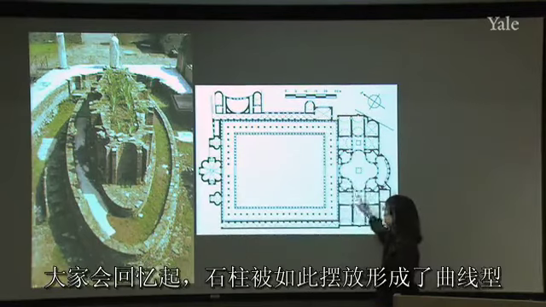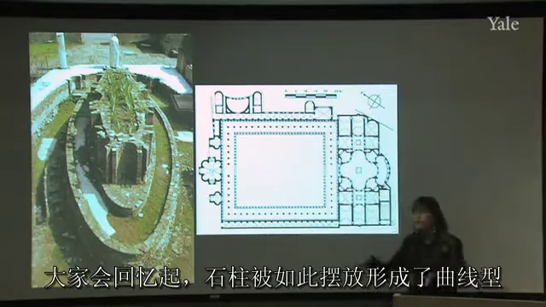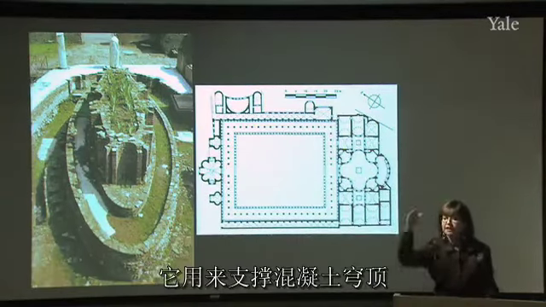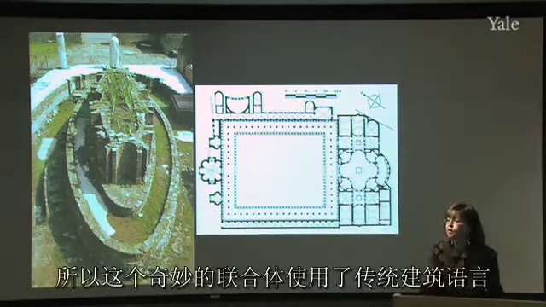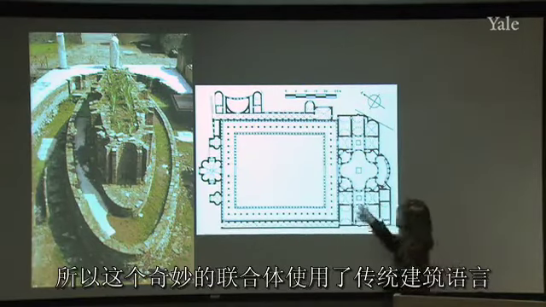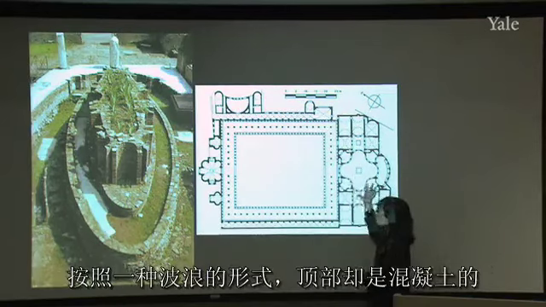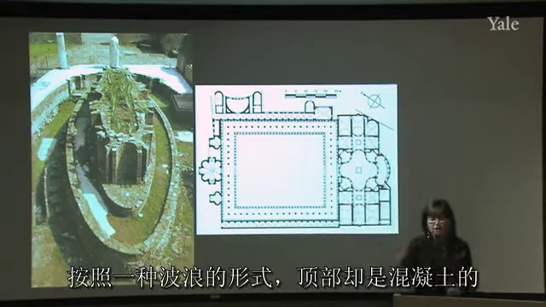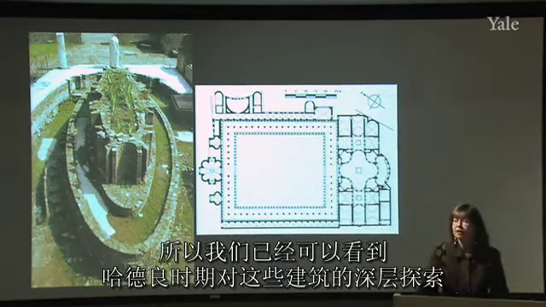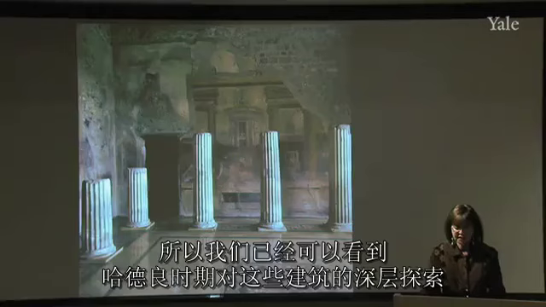You'll remember the columns were placed in such a way that they followed the curved shape, and then they supported a concrete dome. So this wonderful combination of the use of traditional language of architecture along an undulating form, and then with the concrete at the top. So we can see already in the Hadrianic period further exploration of this kind of thing.